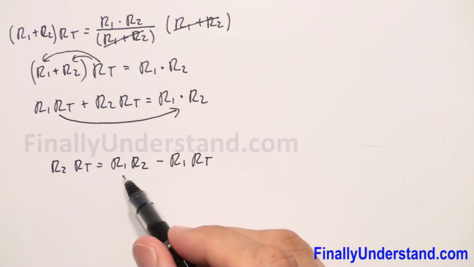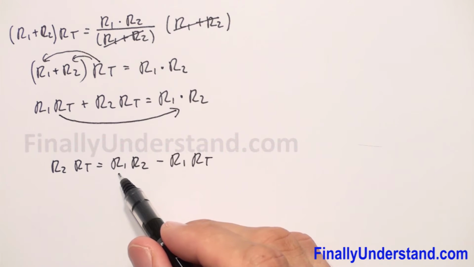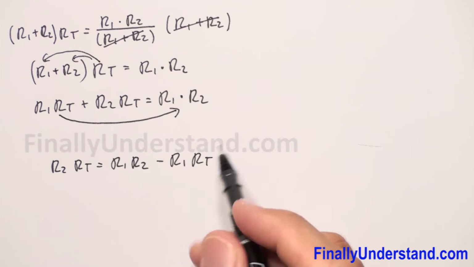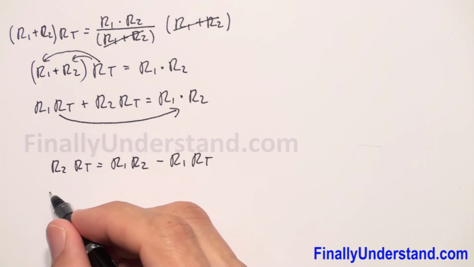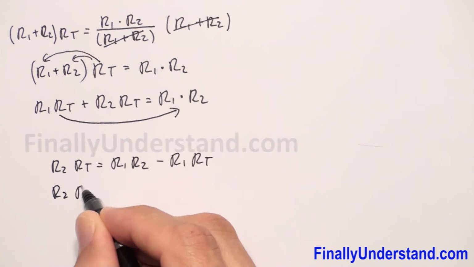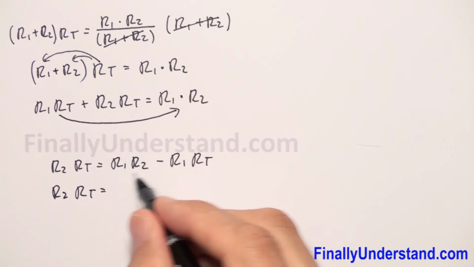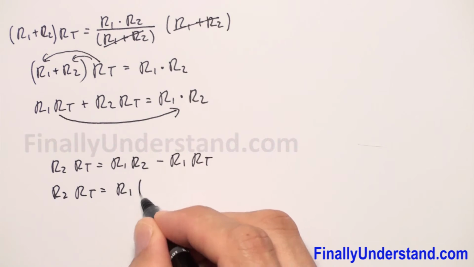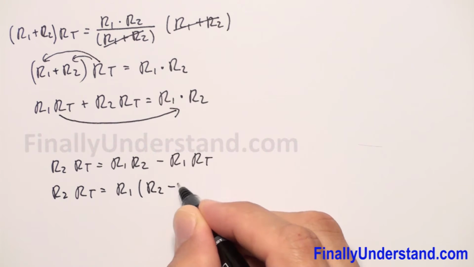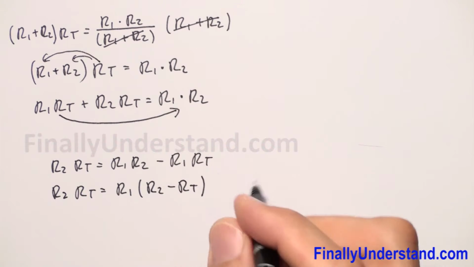Please realize that in these two terms we have a common factor. The common factor for these two terms is R1, and I'm looking for R1. So I simply write R2 RT is equal to, factorizing R1, R1 times R2 minus RT.